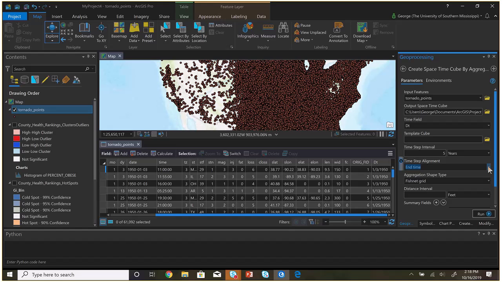Here you could say I want to start at a certain time period, okay, or end at a certain time period. I'm just going to let it pick the very last one, so it's going to go 5 years back from the very last one. If I wanted to choose a specific reference time as my last time period, then I could. So I think the very first one is 1/3/1950. So if I choose start time, it'll go from 1/3/1950 till 1/3/1955.